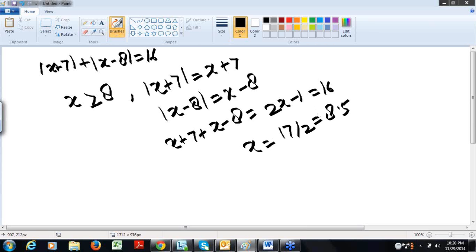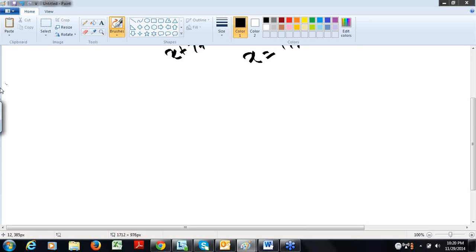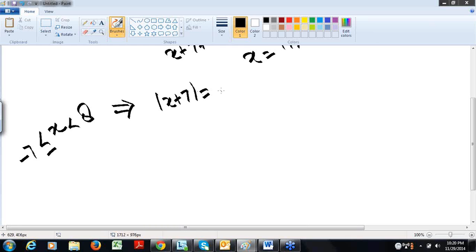Okay. Now move on to the second thing. For x greater than or equal to minus 7 and less than or equal to 8, what will happen? Modulus of x plus 7 will become x plus 7 and modulus of x minus 8 will become 8 minus x.